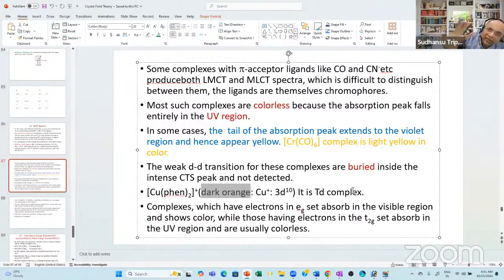So you may not say LMCT, but you definitely will say MLCT because the metal will have an electron in t2g or eg, which will give to the vacant antibonding orbital of the pi acceptor ligand. So MLCT is a must. LMCT you may not say, but in practice both are possible.